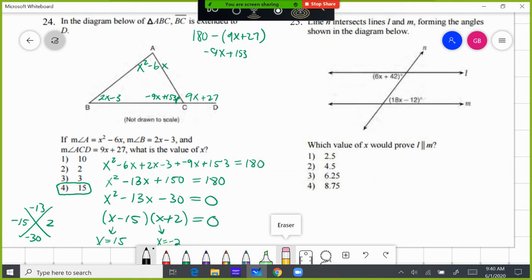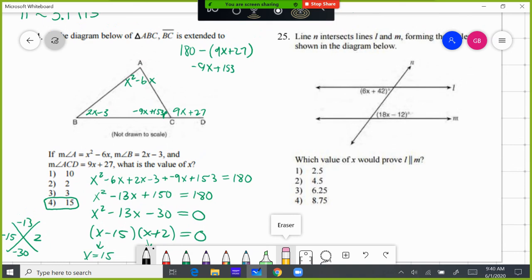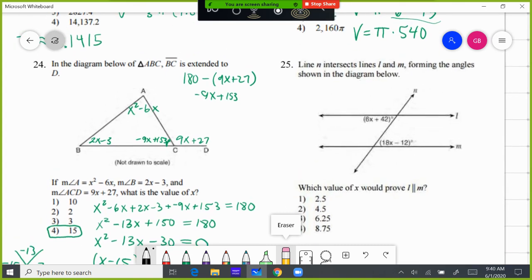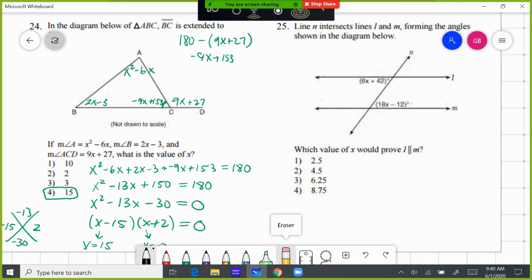Okay, finally, 25. Line N intersects lines L and M, forming the angles shown in the diagram below. Which value of x would prove that L and M are parallel? So if they were parallel, then these two angles would be alternate interior angles, and alternate interior angles would be congruent. So you could actually set these equal to each other.